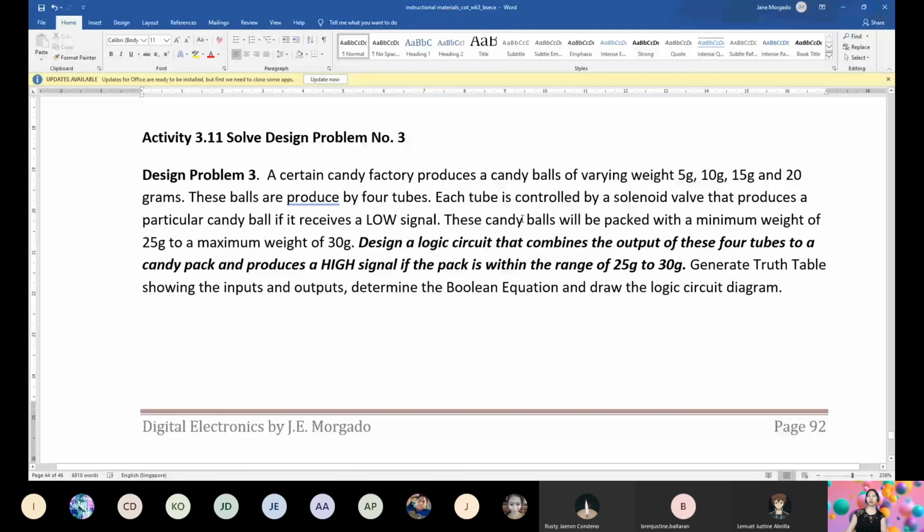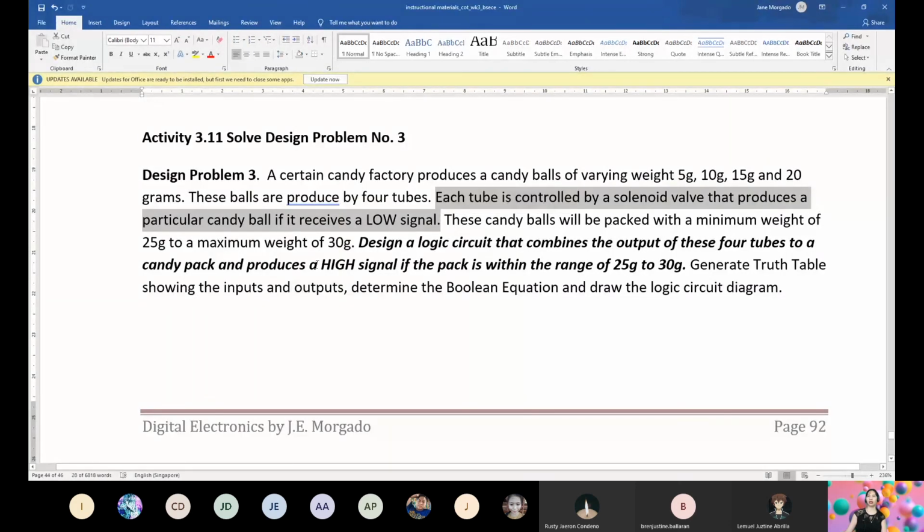Each tube is controlled by a solenoid valve, so solenoid pa rin, that produces a particular candy ball if it receives a low signal. Each tube, ito naman baliktad, okay?